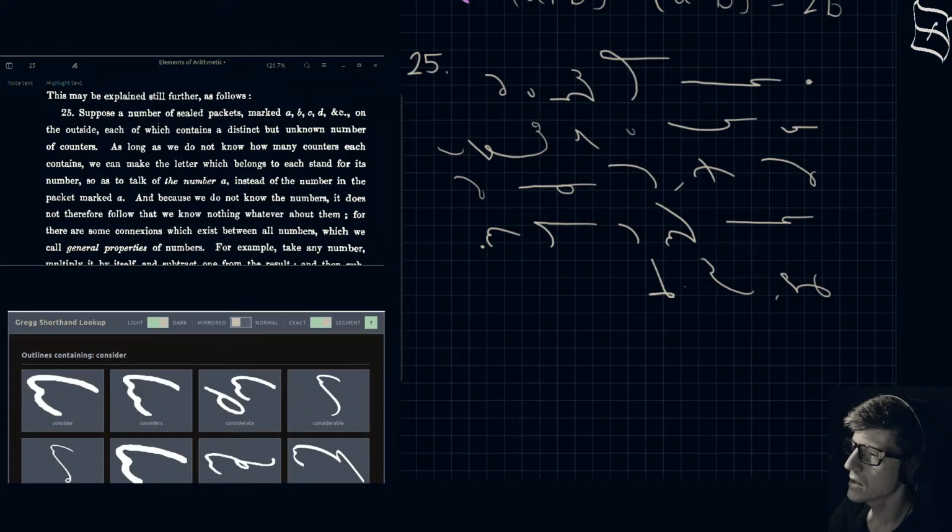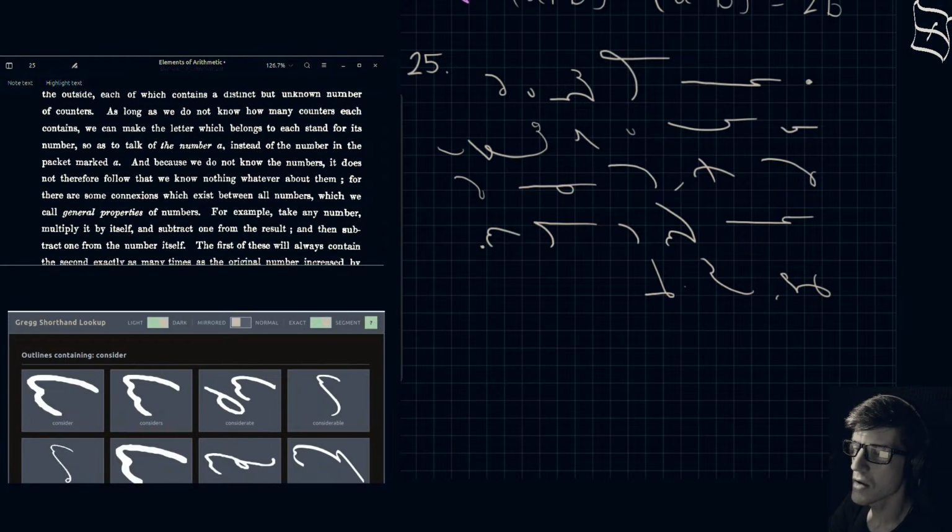And the general properties of numbers. And it is then considered in the context of the general properties of numbers.